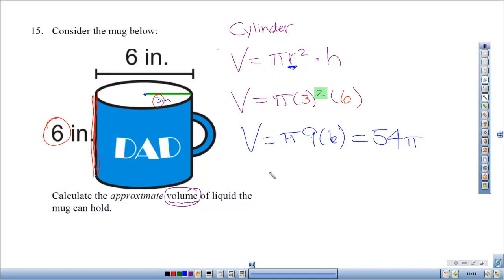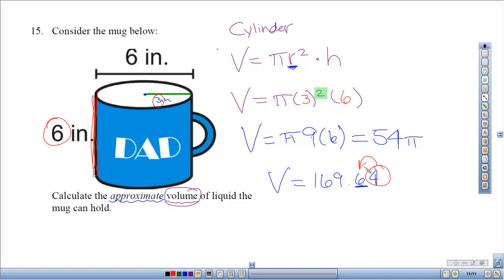And at this point, it's just going to be a problem for your calculator. They did ask for the approximate amount of volume, so we're going to type out 54 times pi on our calculator, and it should have said this, but it doesn't, we're going to round off to the tenth. So this one comes out to be 169.64, blah, blah, blah. But we're going to round off at the 6. So really all I have to look at is the 4.